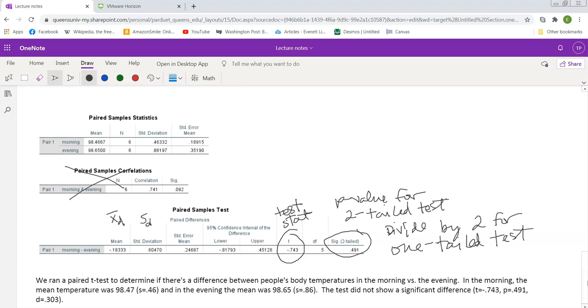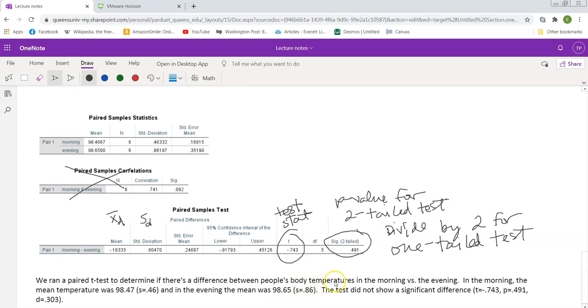So our statement explaining what we did, we ran a paired t-test to determine if there's a difference between body temperatures in the morning versus the evening. In the morning, the mean temperature was 98.47, I should put degrees Fahrenheit, and in the evening, the mean was this with the standard deviation of this.